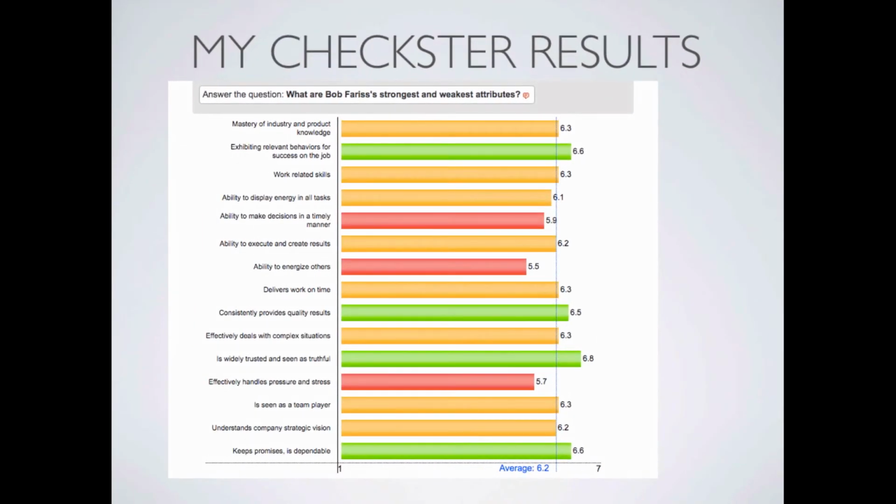And when I got the results, there was one question which really appealed a lot to me, and that's the answer to the question, what are Bob Ferris's strongest and weakest attributes? Now, when you get feedback on yourself to a question like this, there's this tendency to go to the weakest attributes.